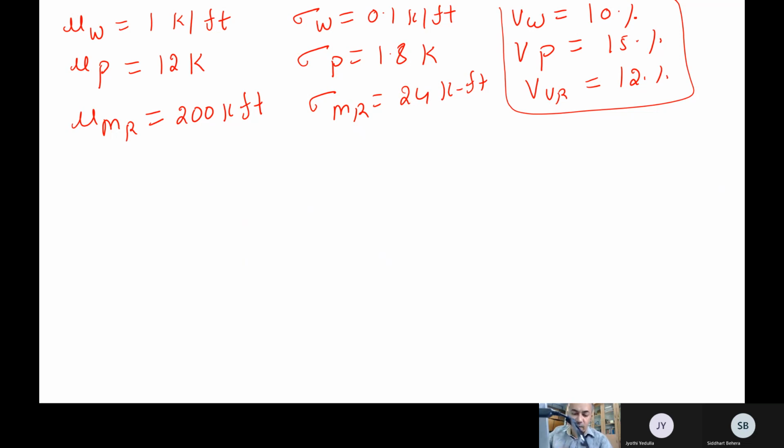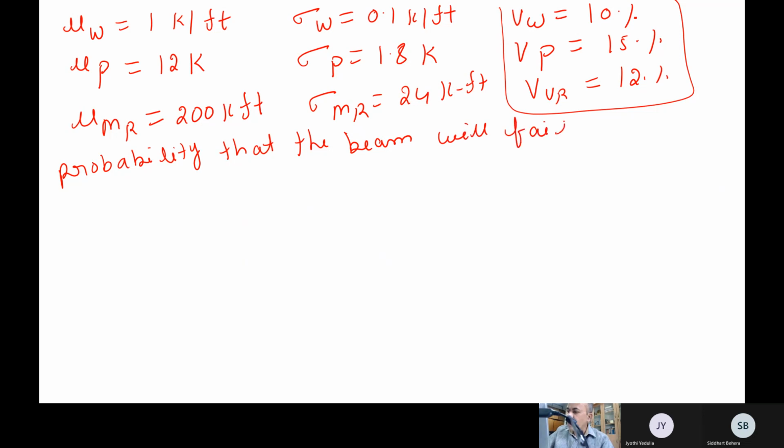And now we have to find out the probability in this problem: the probability that the beam will fail. This is what we have to calculate.